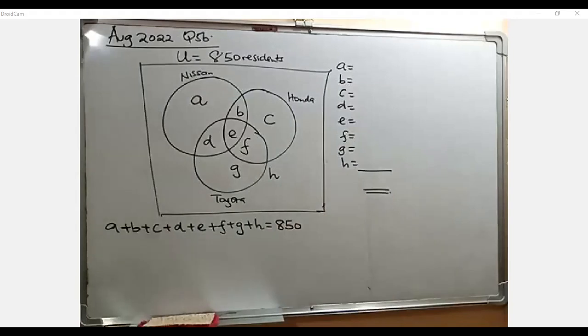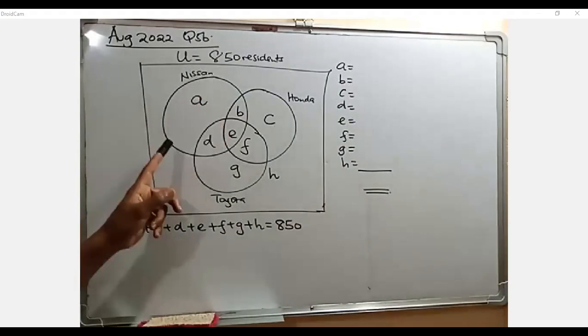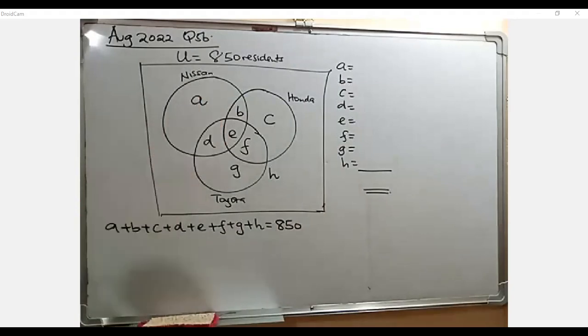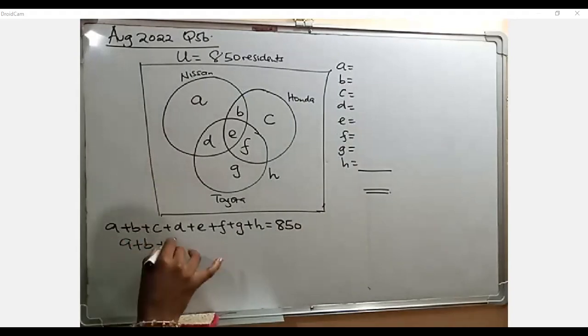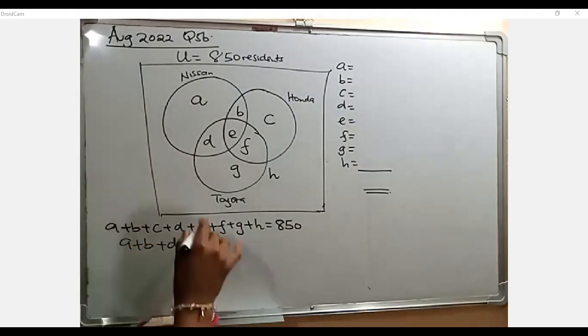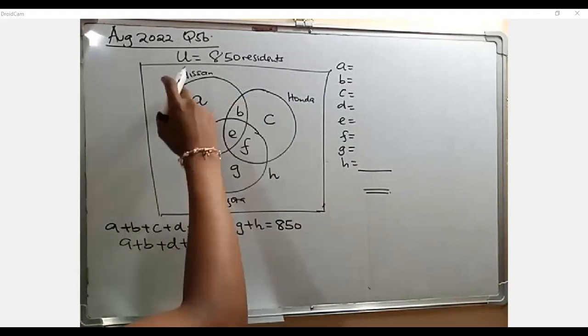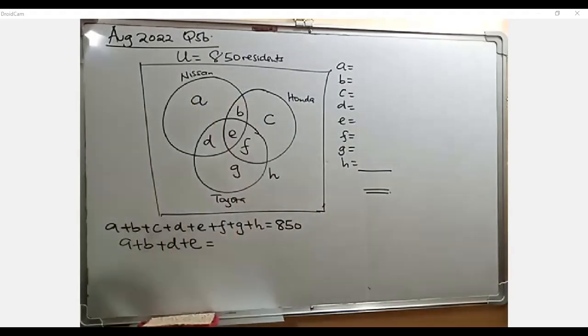Now, in this scenario, I have to get the information provided by the examiner. Number one, the examiner is saying 316 residents own Nissan vehicles. When I look at the circle of Nissan, the elements contained there are A plus B plus D plus E. Why are we not factoring A only?